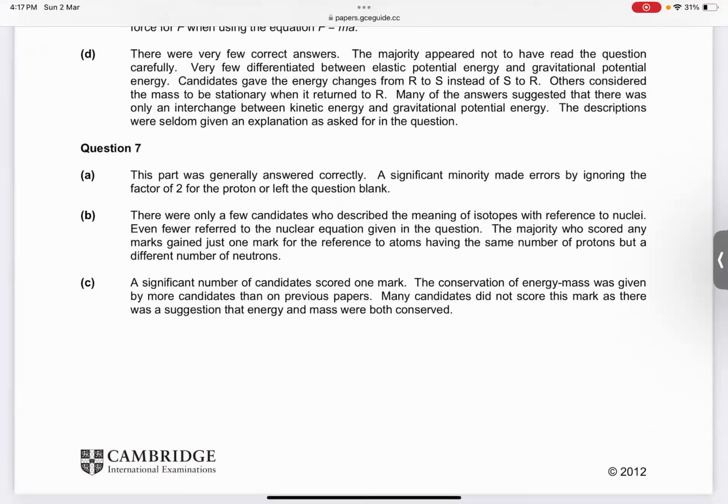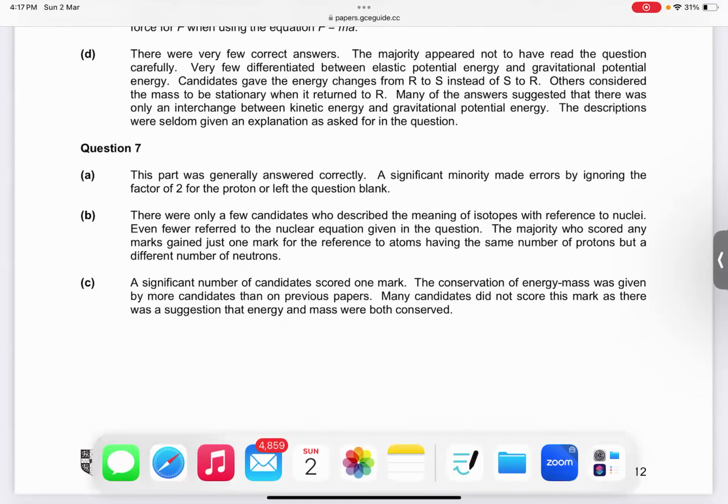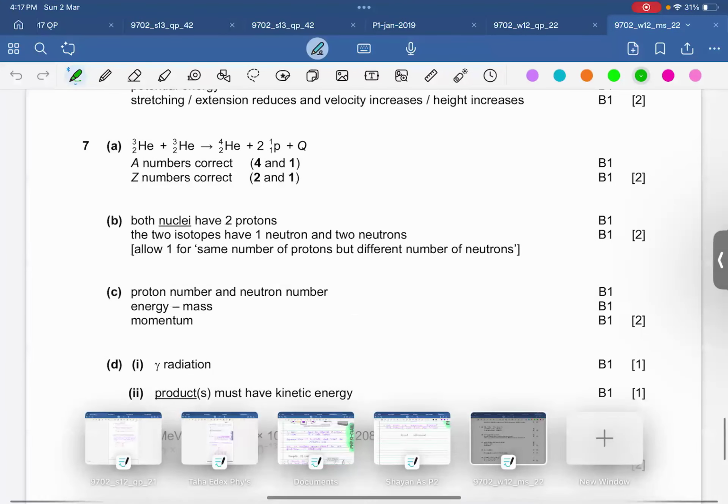It is better not to say atom of the same element; say nuclei. There were even fewer references to the nuclear equation given in the question. Most who scored any mark gained just 1 mark for the same number of protons but different number of neutrons. So if you just wrote the definition, you only get 1 mark.